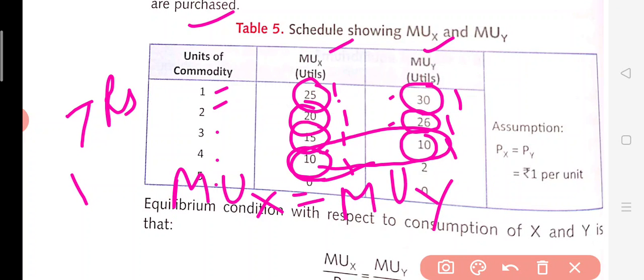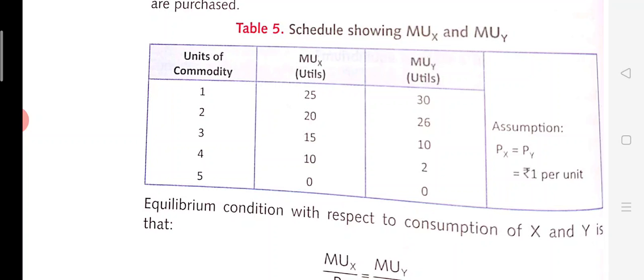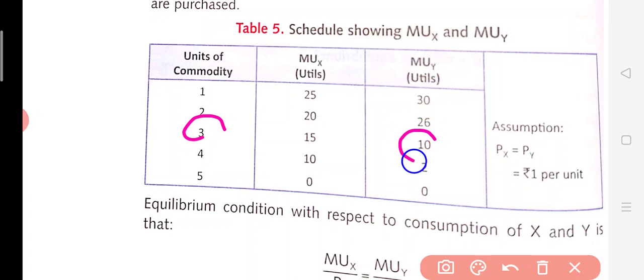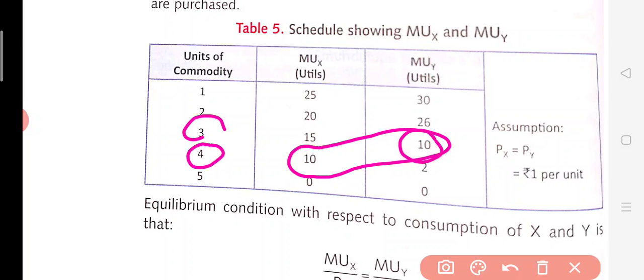So if MUx is equal to MUy, where both the marginal utilities are equal, or in other words, the last rupee spent over here gives him the equal level of satisfaction, just like he got while spending on 3 units. He got 10 utils of satisfaction. At 4 units of commodity he is getting 10.